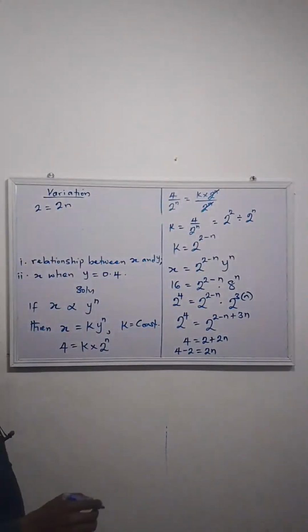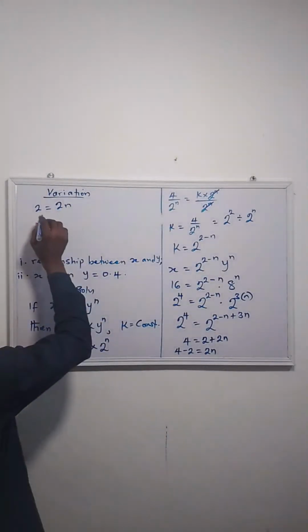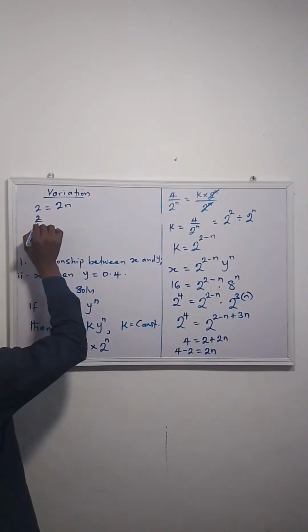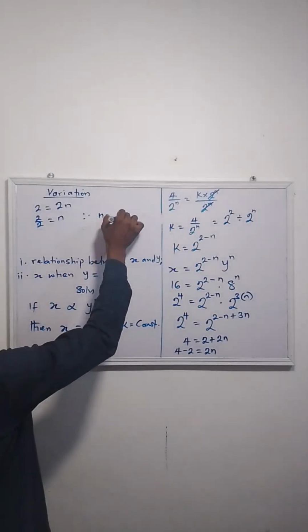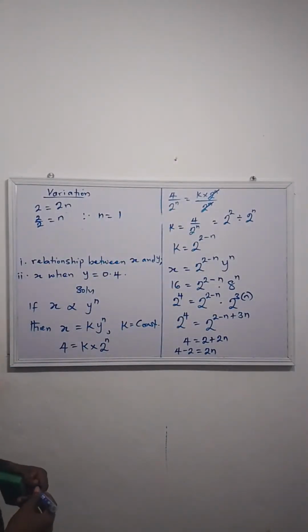So here you divide both sides by 2. So you have 2 over 2 equals n. Therefore, n equals what? 1. So that is the value of n.